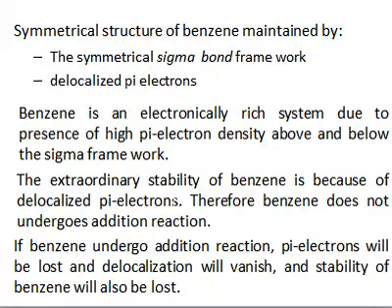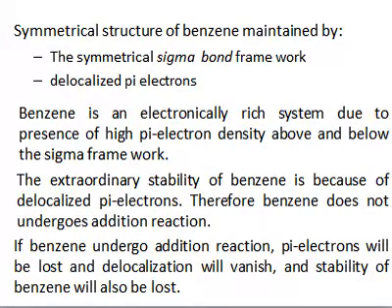And for the same reason benzene does not undergo addition reactions, because if benzene underwent addition reactions, the pi electrons would be lost. If pi electrons are lost, delocalization will vanish and the stability will be lost, but benzene wants to remain stable. Therefore, it does not want its pi electrons to be lost, so it does not allow addition reactions, right?